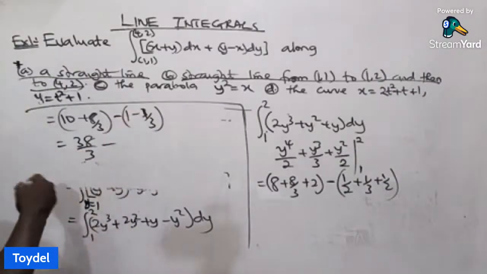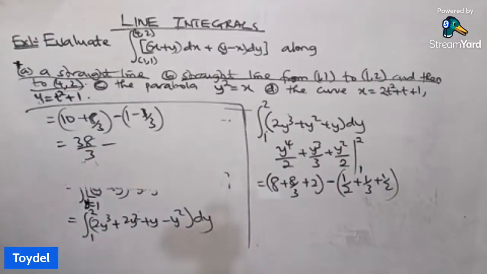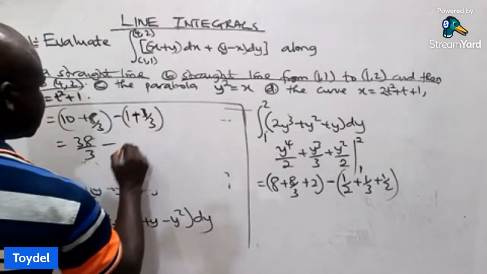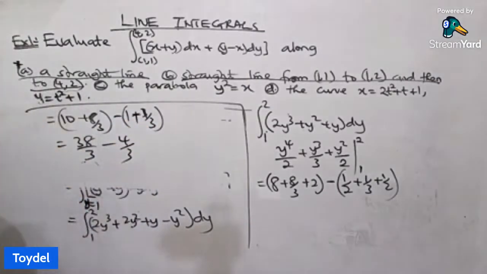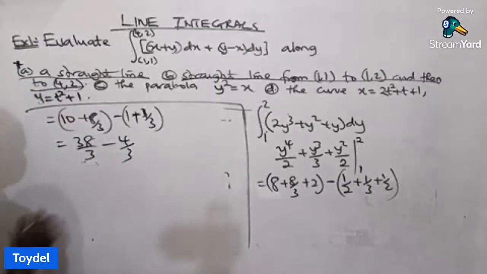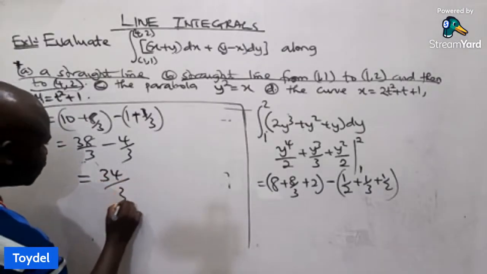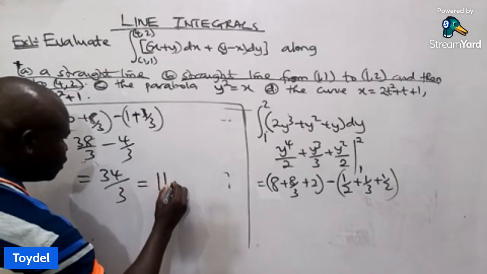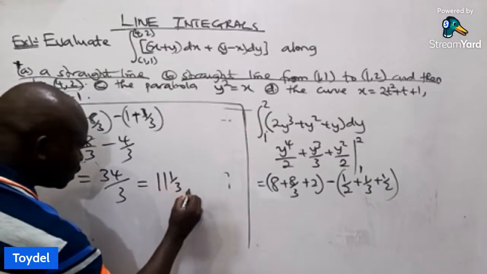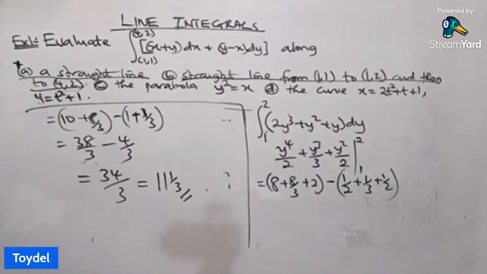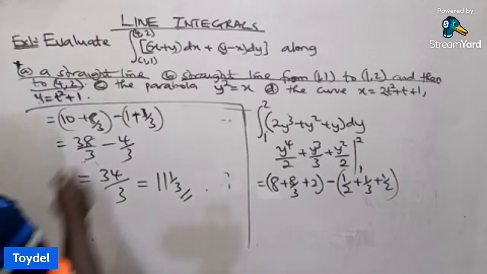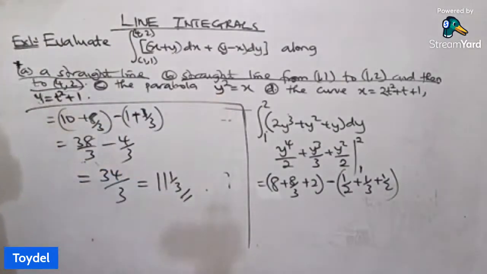Minus 4 all over 3. Then, if we look at this critically, we have 34 all over 3, which is the same thing as 11 whole number 1 over 3. So if we evaluate this line integral along the parabola y squared equal to x, the value will be 11 and 1 over 3.